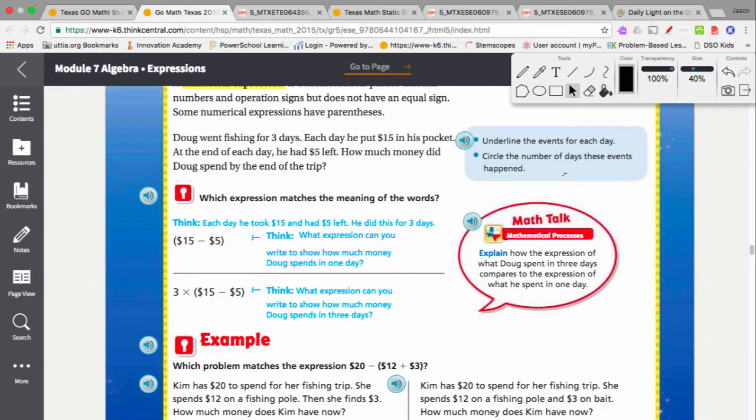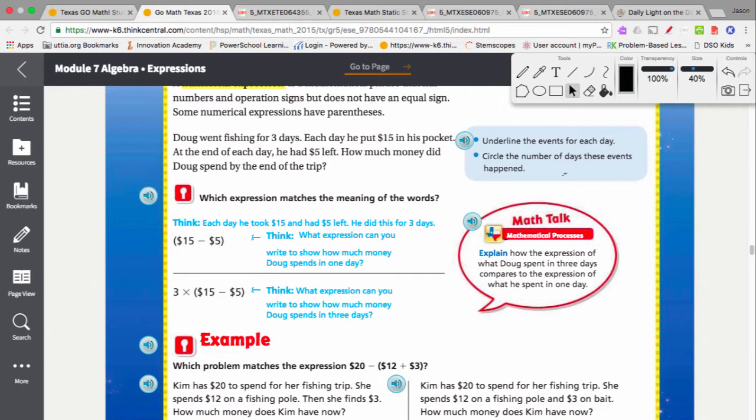It may be just a number. It may be a number with operational signs like addition, subtraction, multiplication, or division. It may have parentheses, and we know that parentheses just tell us to do whatever is inside the parentheses first, before everything else. But the expressions have to match the words in the situation.